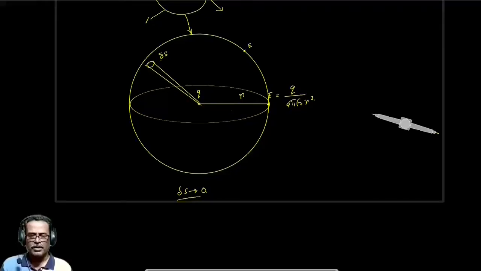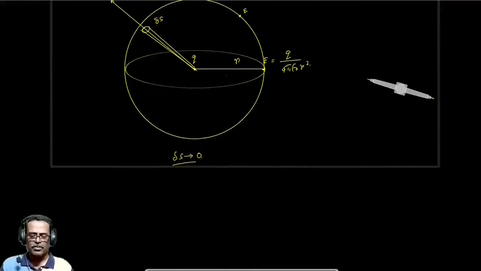That means we draw a radius, and the direction of the del S vector is in this direction. From the electric flux, we know that E dot del S is equal to del phi when del S tends to 0.